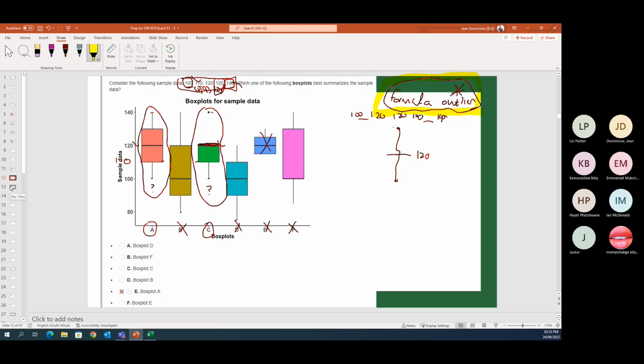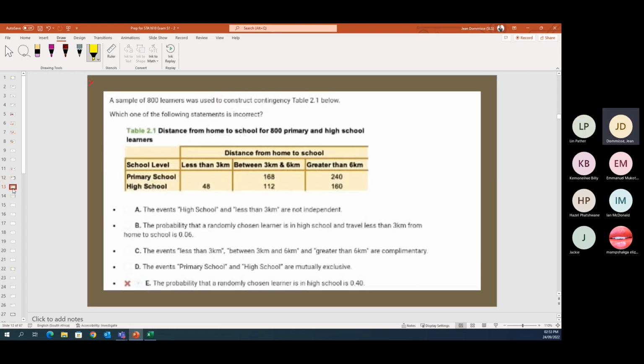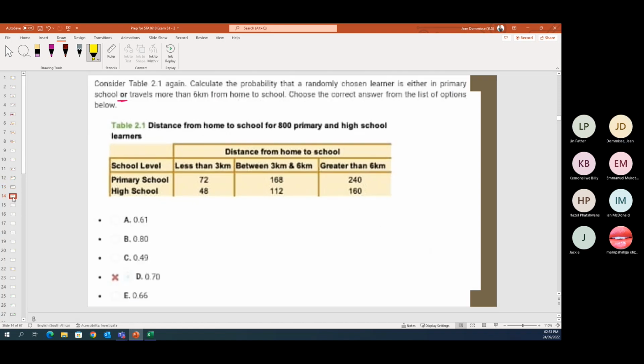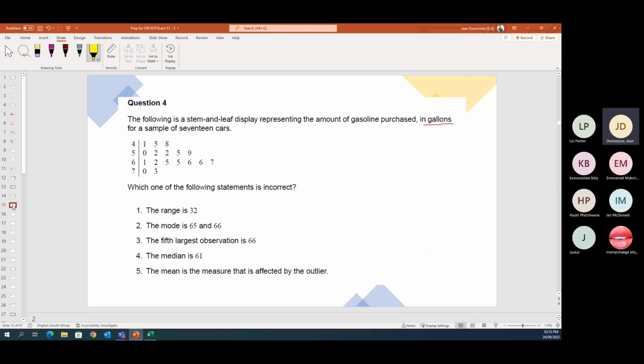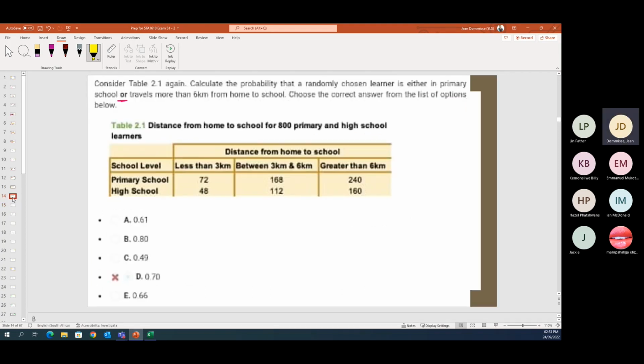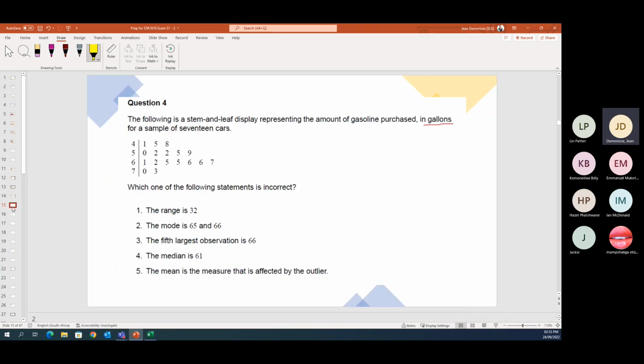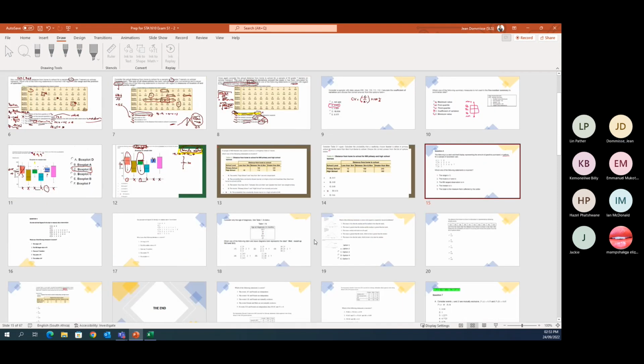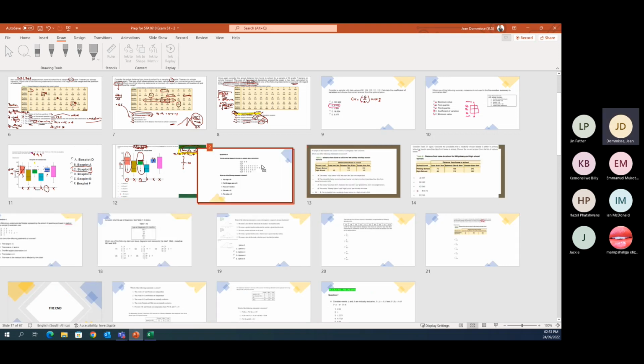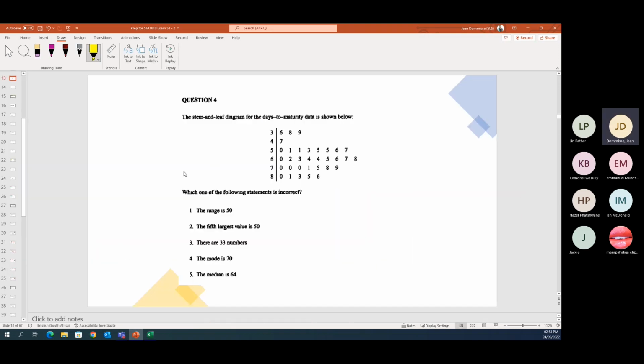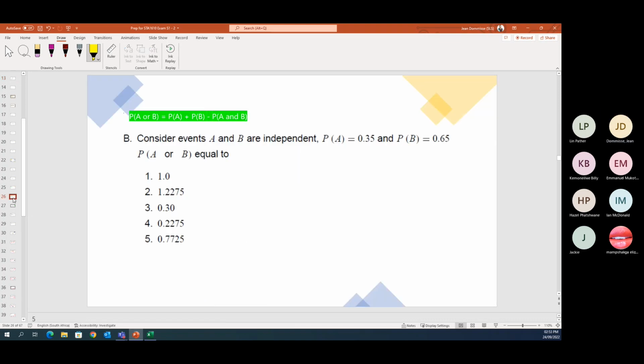Cool, thanks. Okay, before we go into the probabilities, I just want to move these two in there because that needs to be part of it.